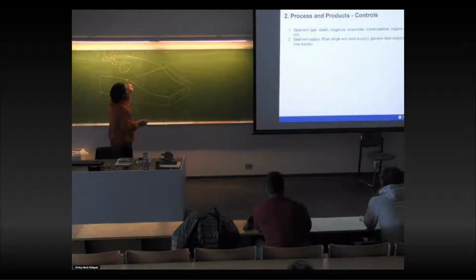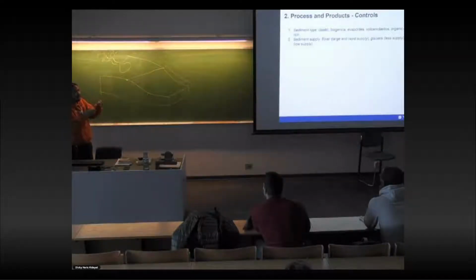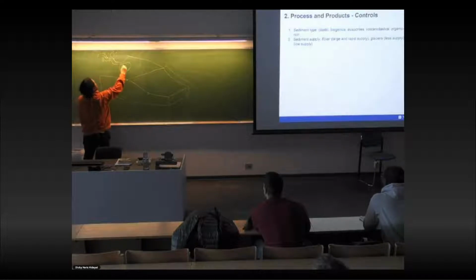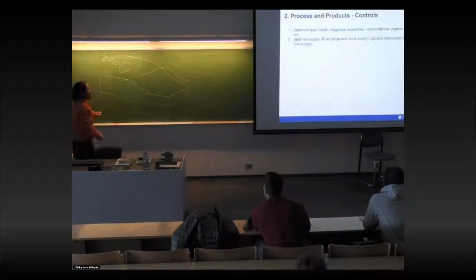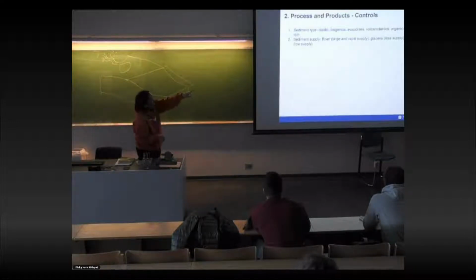It also influences the process and products in this area because in the river, usually you have more erosion, right? But in glaciation, you have more erosion and it's quite rapid, sent to this river and pumped to this area. But in glaciation, it's a periodic erosion, so the supply is periodic.